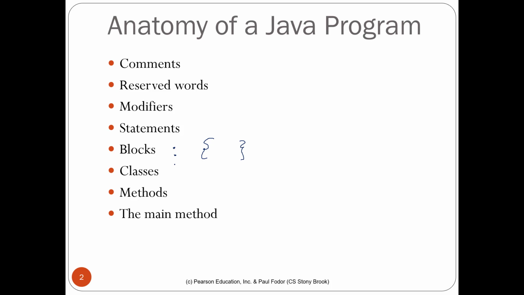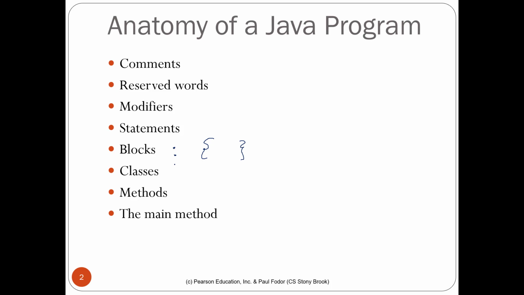Then in the class, even in that very simple welcome example that we did in the last class, we had at least one method, and that method was the main method. In a Java program, you might see more than one method, but at least one method should be there.